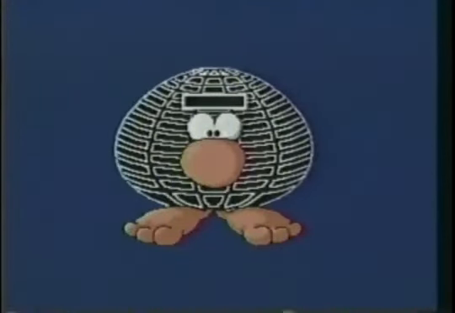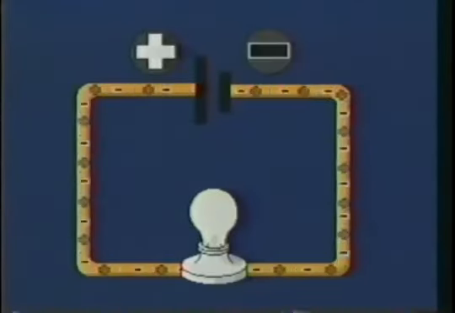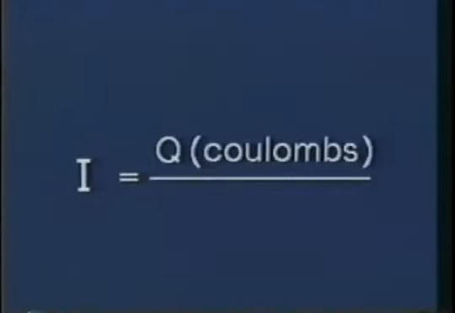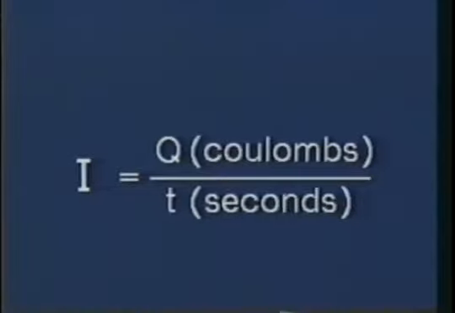It's difficult to visualize a group of electrons, so instead, let's have this critter represent 1 coulomb of charge. And instead of picturing our circuit like this, we can visualize it like this. Now we can calculate current by dividing the charge in coulombs by the time in seconds.